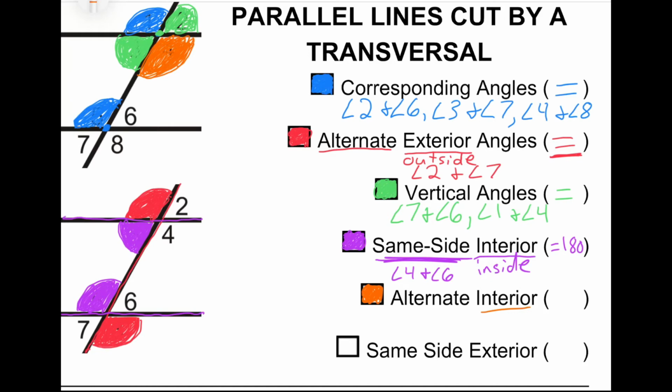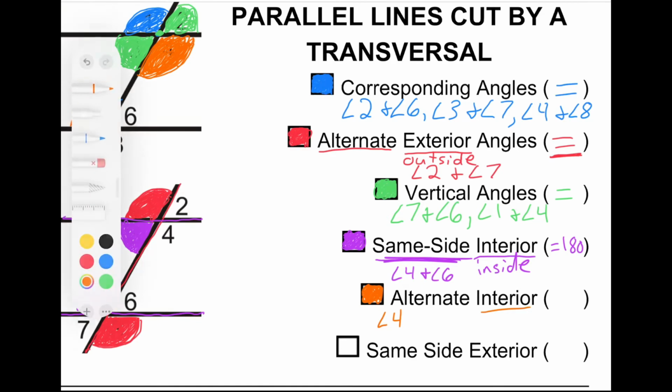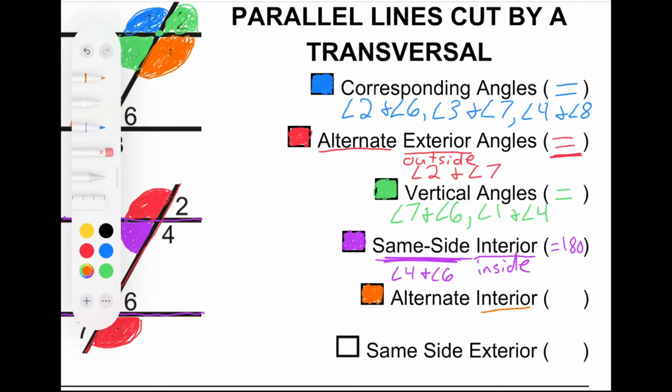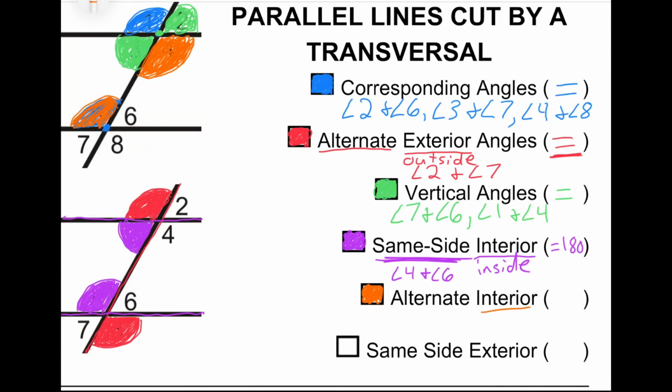And we want the alternate, so we want the opposite side of the transversal. So the other angle in that pair would actually be angle 5. So we have angle 4 and angle 5 as one of our examples of alternate interior. We also have the example of angle 3 and angle 6 as another alternate interior angle pair. These two pairs are actually going to be congruent to each other.